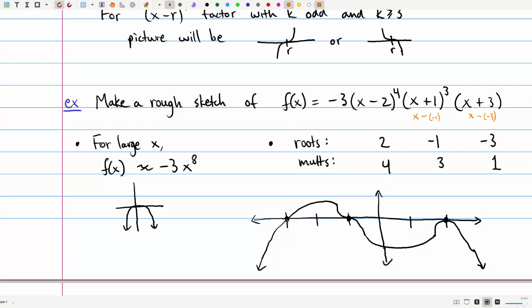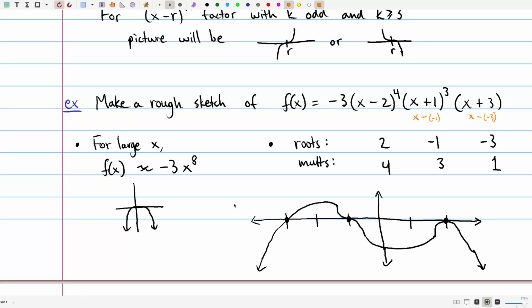The first thing is you draw your axes and you plot each of the roots, all 3 of them in this case. Actually, I'm going to redraw this from scratch so that we can do it together, and then you can rewind and see if that is indeed what the right thing was. So let me delete this.